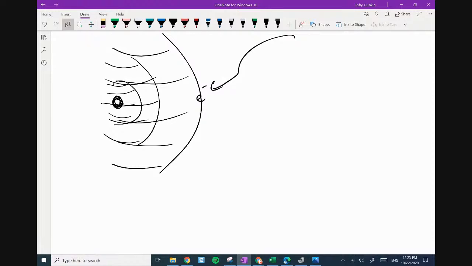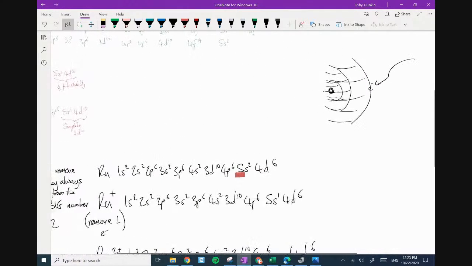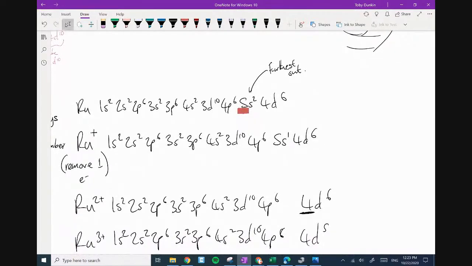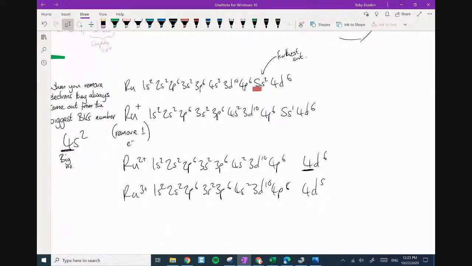It doesn't show whether or not it fills up correctly, but it tells you that it is further out. Furthest out. So if it's the furthest out, that's the one I'm going to be removing.